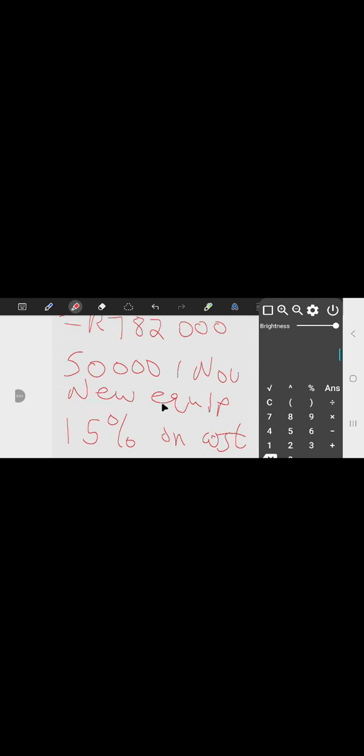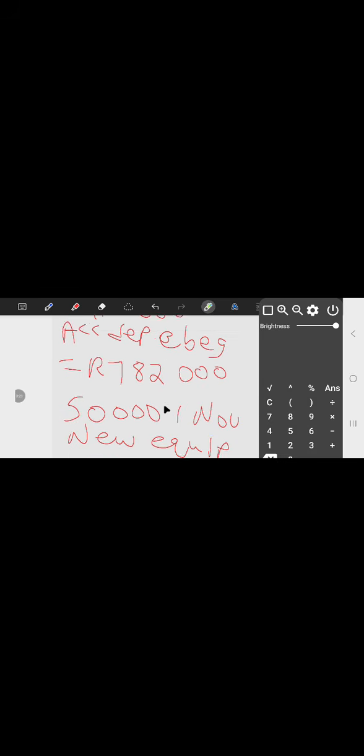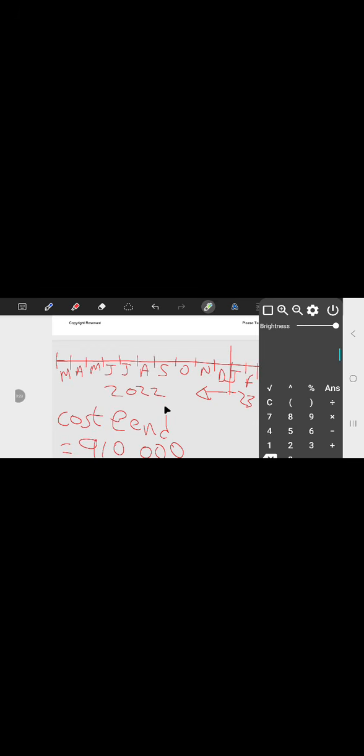Remember, the equipment was bought during the year. And if it was bought during the year, it was on the 1st of November, if you remember. So it means that we didn't use it for the entire year. We used it for a particular period of time.